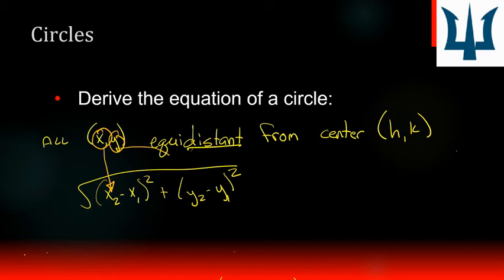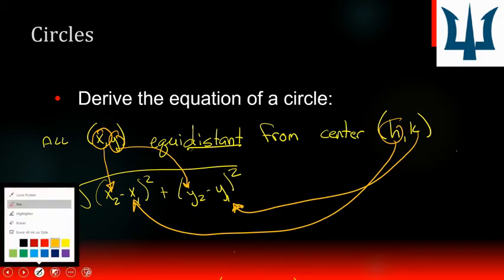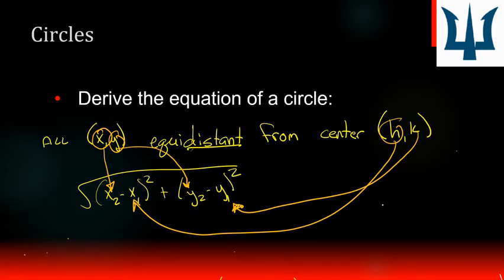That y, I'm going to call that y2. Which means I only have room for these here and here. So when I end up plugging those in, what I'm going to end up getting is x minus h squared plus y minus k squared, all under a square root.